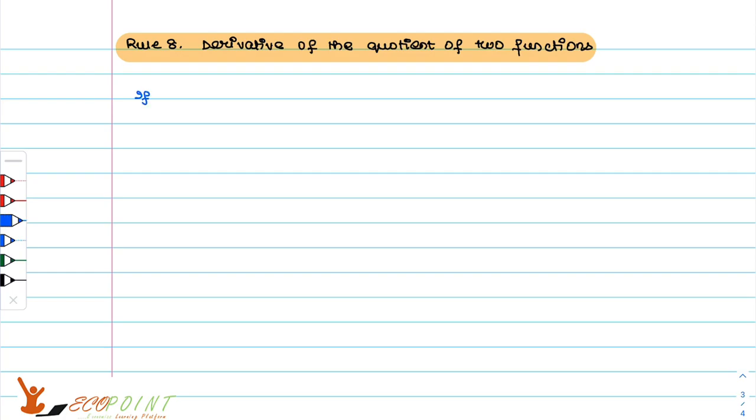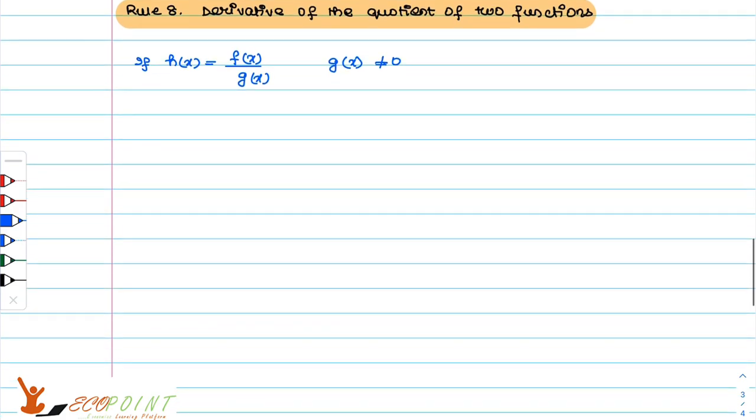So if h(x) equals f(x) by g(x), and g(x) is not equal to 0, how do you write the derivative of this function, h dash x?